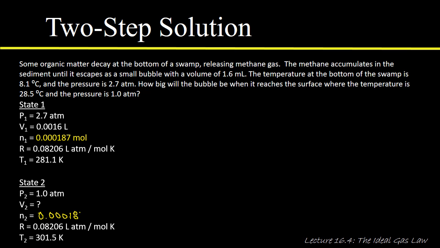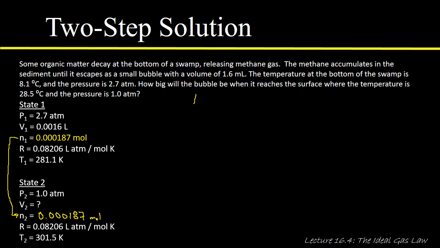All the gas that's in the bubble stays in the bubble. It's like Vegas. What happens in the bubble stays in the bubble. So the number of moles is a constant. Whatever we have in state 1 has got to be the same as it is for state 2. So now for state 2, we only have one unknown, and that's the volume.